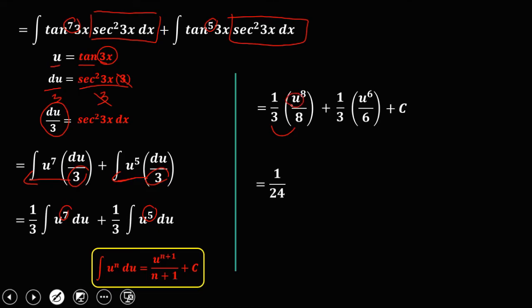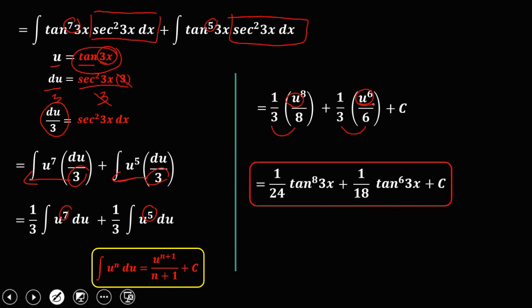Since u is equal to tangent 3x, we have now tangent to the power 8, 3x, then plus this 3 times 6, that's 1 over 18, then u to the power 6, that's tangent to the power 6, 3x plus c. So this is now the final answer.